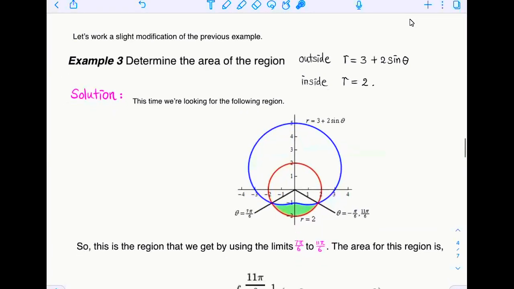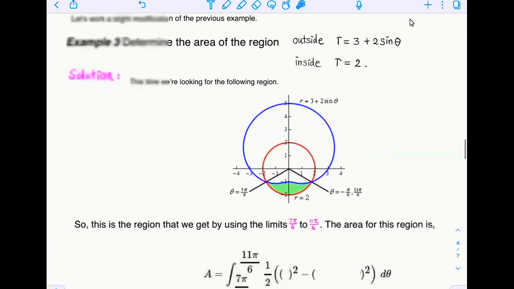Okay, let's look at this next example. We're going to determine the area that is outside one curve and inside the other. This time it's going to be outside of the blue, inside of the red. So outside the blue, inside the red will be this one over here, kind of like a mustache.